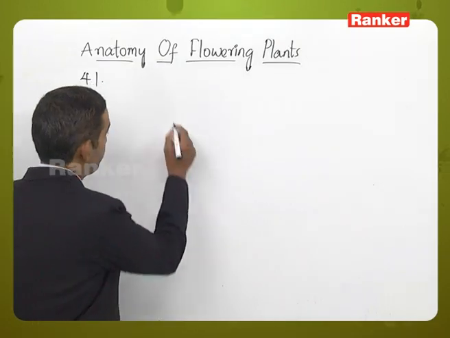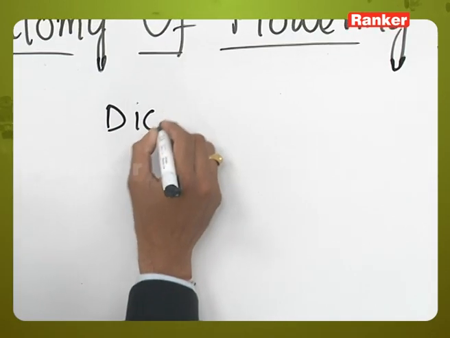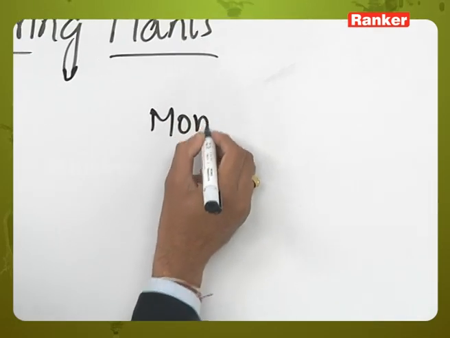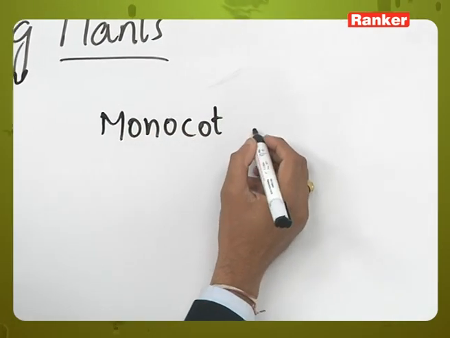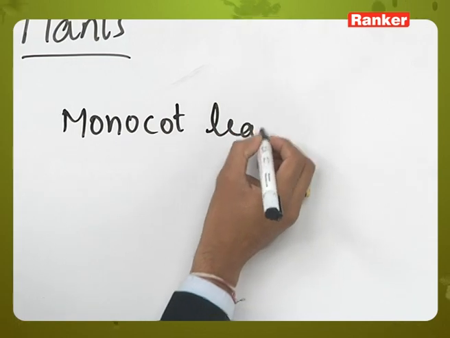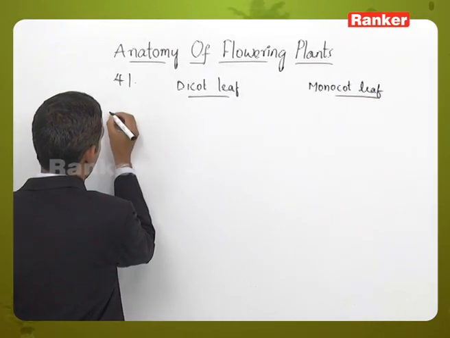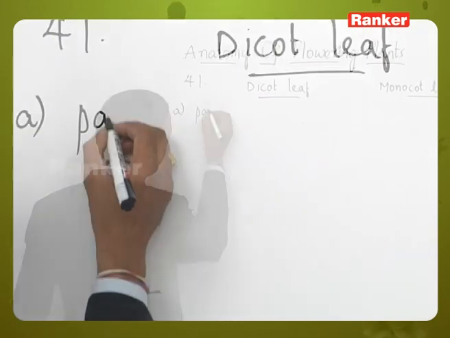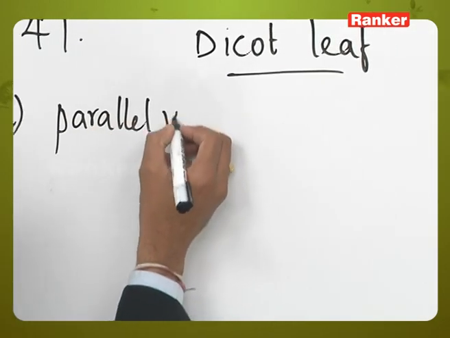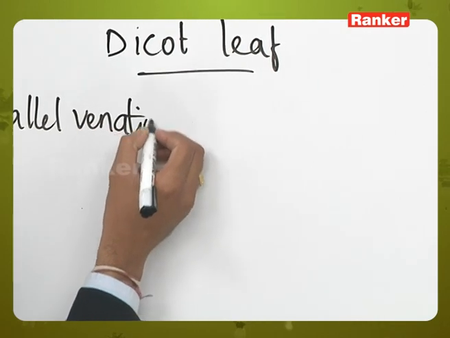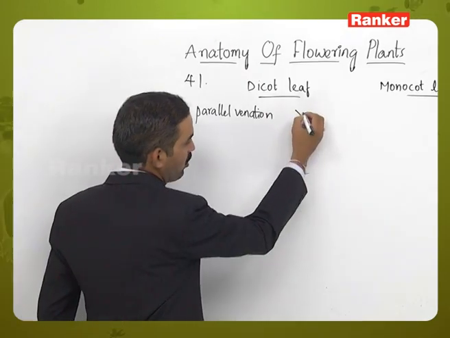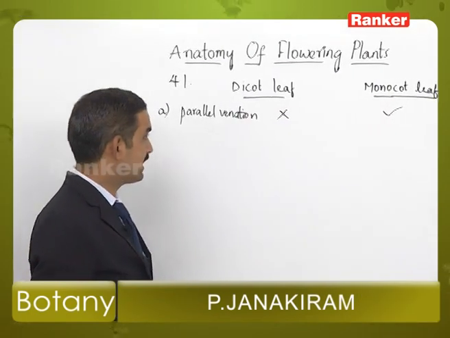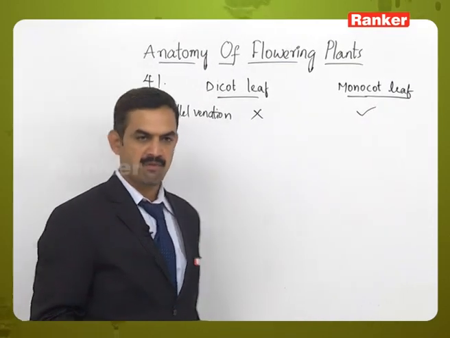So here, the differentiation of the dicot leaf from that of the monocot leaf means the character should be exhibited by the dicot leaf, but it should not be present in the monocot leaf. Let us take the first character, A. Parallel venation is a characteristic feature of monocotyledonous plants. So this is not present in dicots but present in monocots, as we know that dicots exhibit reticulate type of venation.